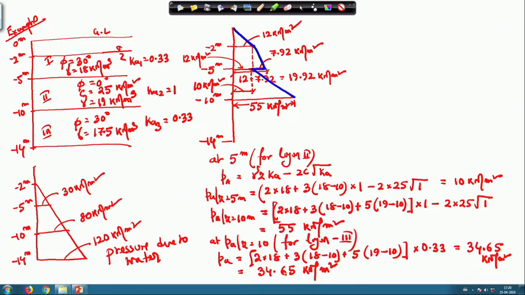So, this is 34.65 kilonewton per meter square, and here it is 55. So, it will again go inside, and this value will be 34.65 kilonewton per meter square.